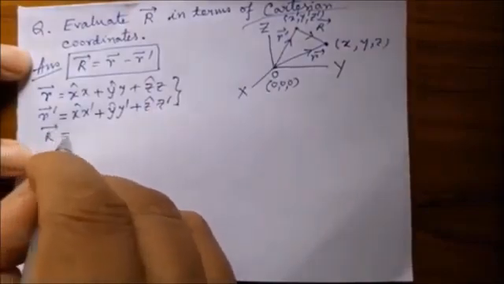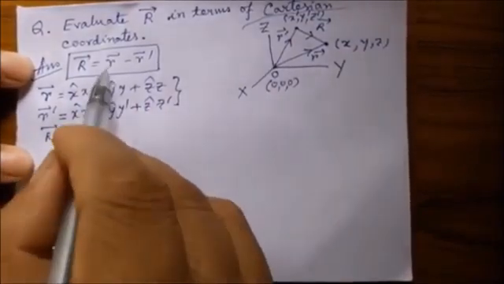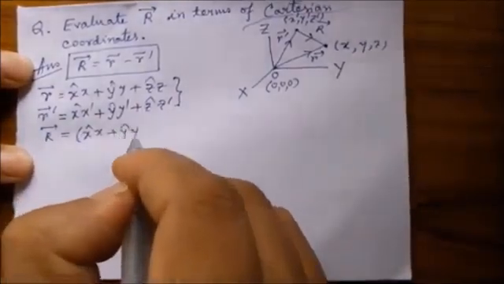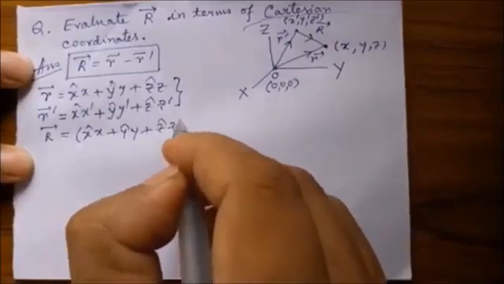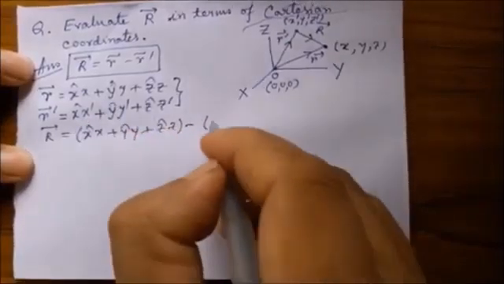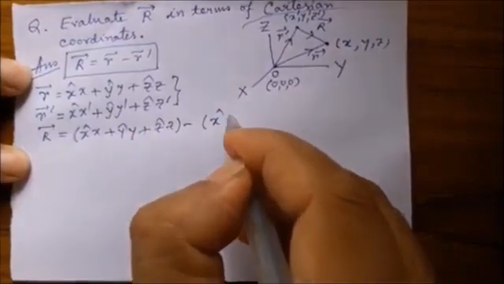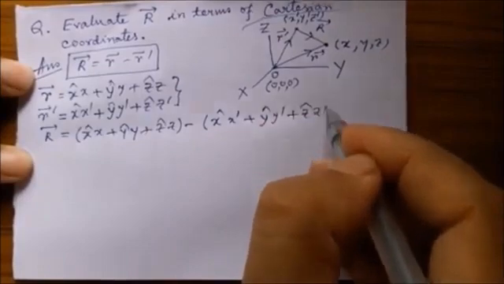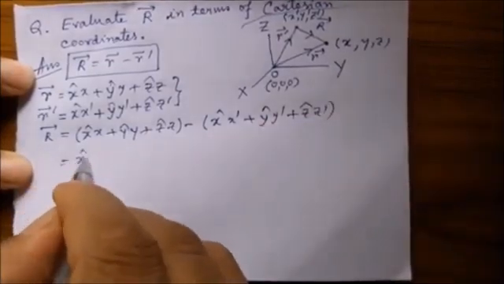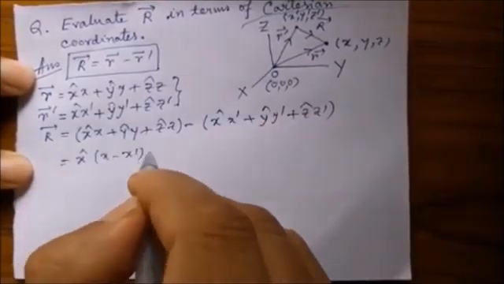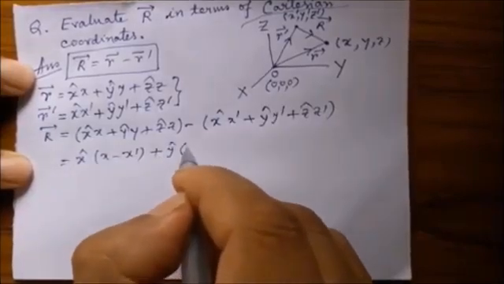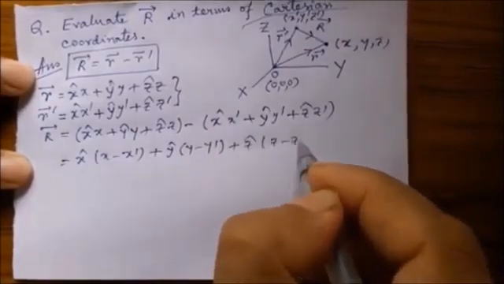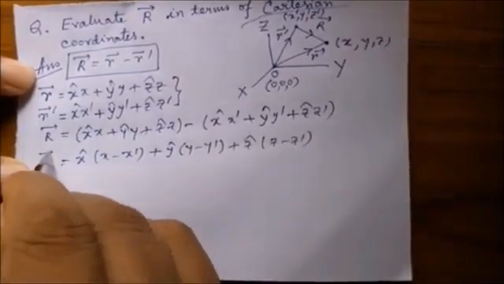So it is clear that vector R will be x cap x plus y cap y plus z cap z minus x cap x prime, y cap y prime and z cap z prime. So what we get is an extremely important and widely used result in physics. So this is vector R.